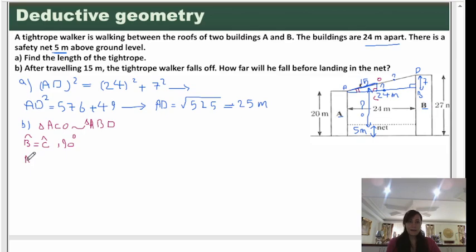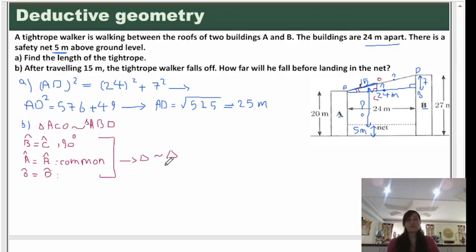In A and A, it is a common angle. When I prove two angles of the triangles are equal, I can prove the third one is equal, because the interior angles of any triangle add up to 180, so angle O equals angle D. So I prove these two triangles are similar.